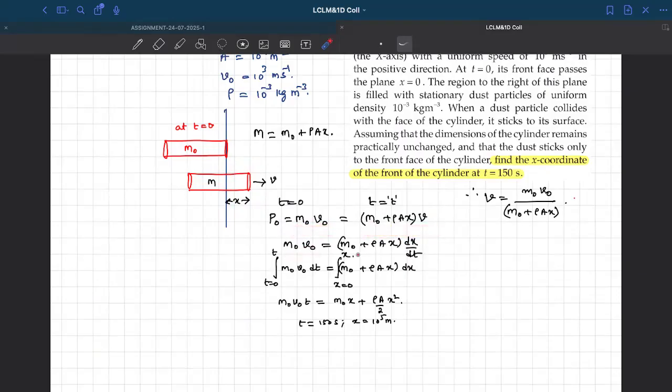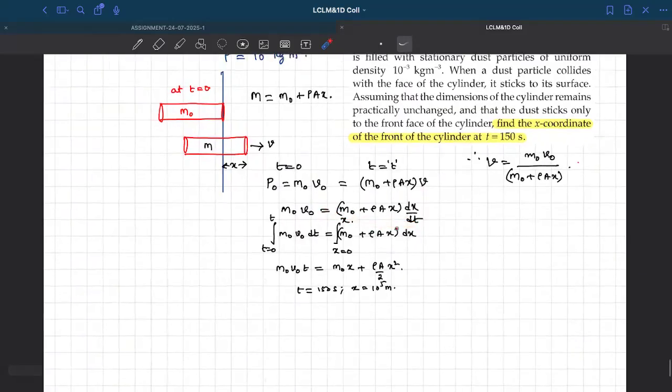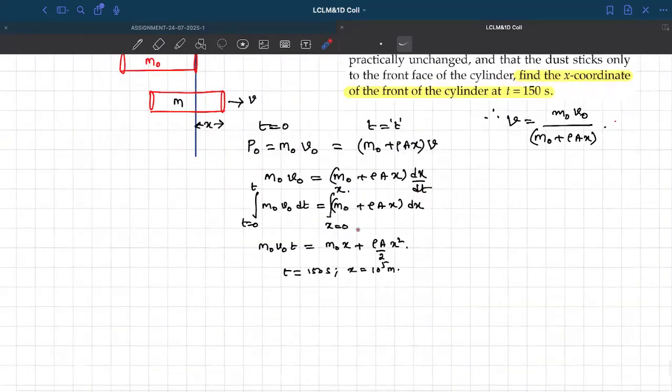Initial momentum is, this is dx by dt. So now dt goes to the other side, and what is left is dx. Now do the integration. m v naught t is equal to m naught x plus rho a by 2 x square after integration. What do you want? At t is equal to 150, the x coordinate is required.